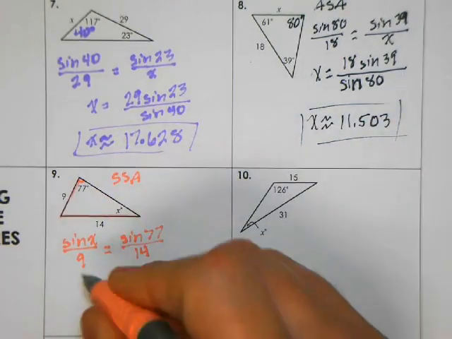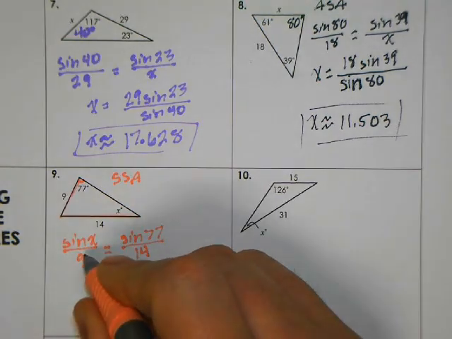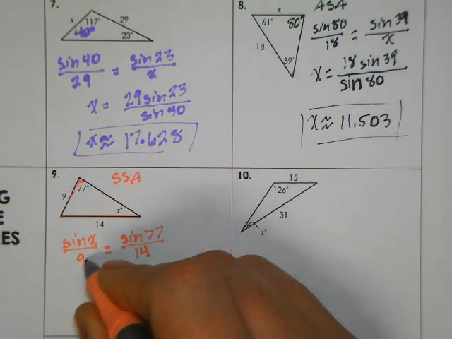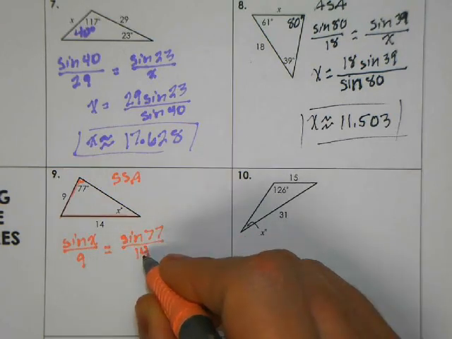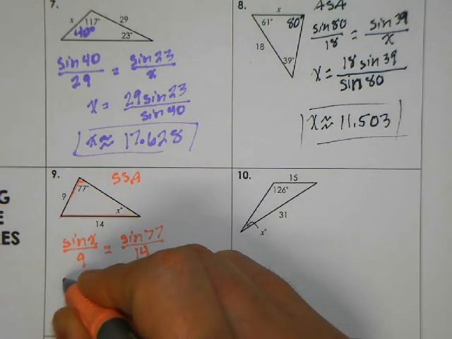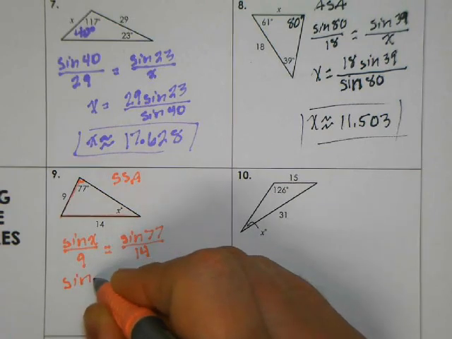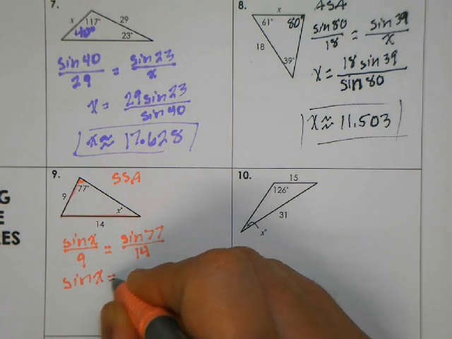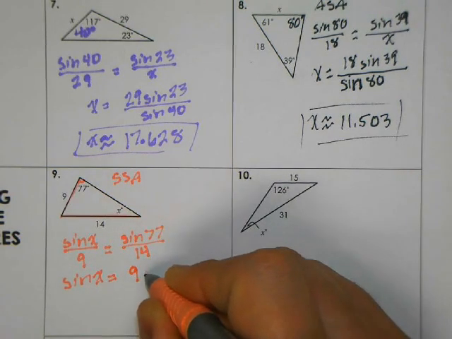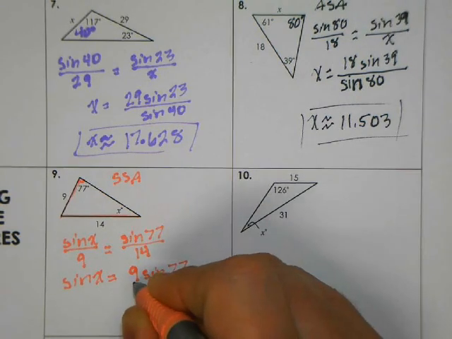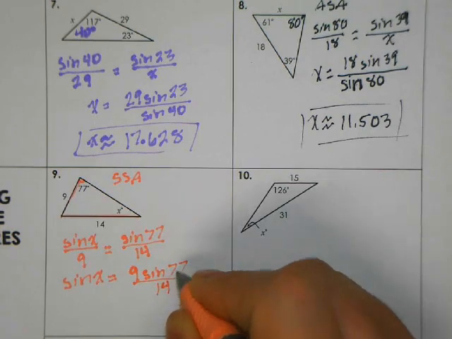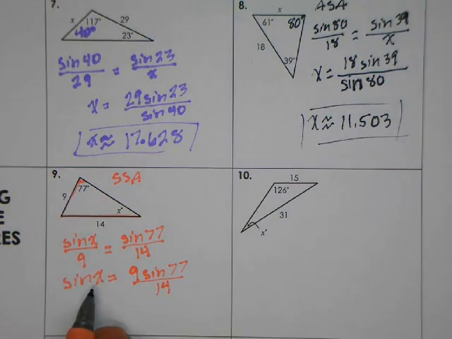So when we multiply, essentially I'm going to just take this 9 and multiply it here. I'm going to leave that 14 because if I multiply it, I'm going to just wind up dividing back by it. So here this will give me the sine of x to be equal to 9 times the sine of 77 over 14. So I need to get x by itself.